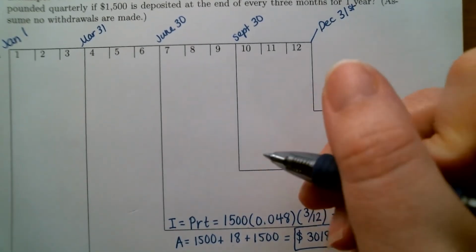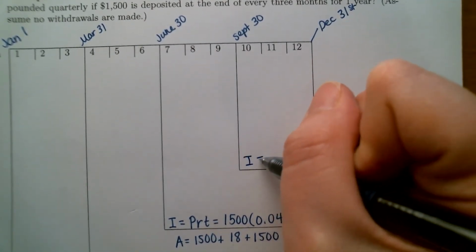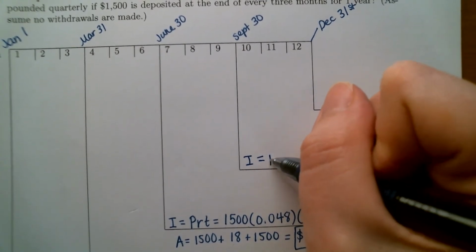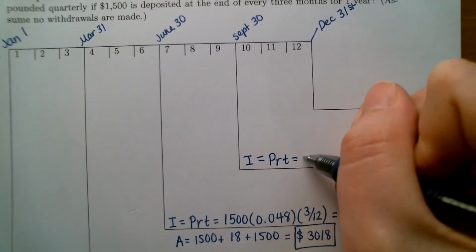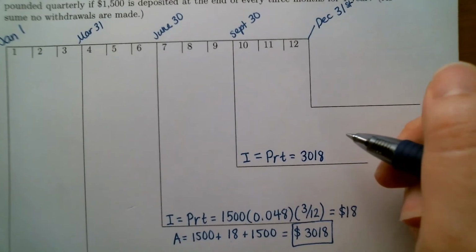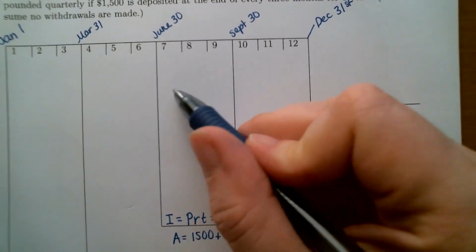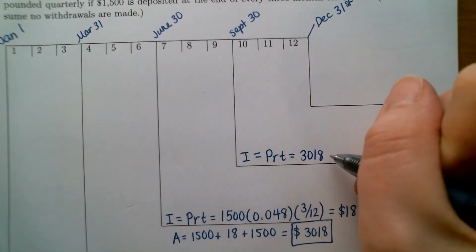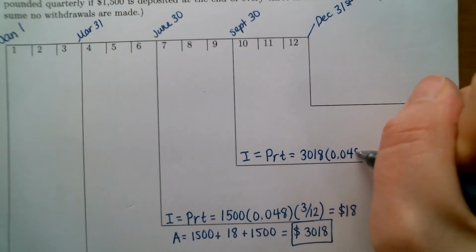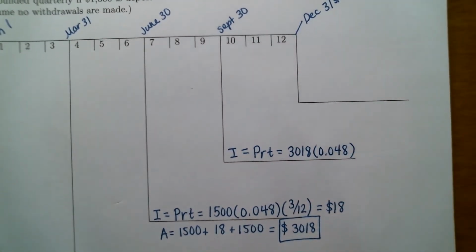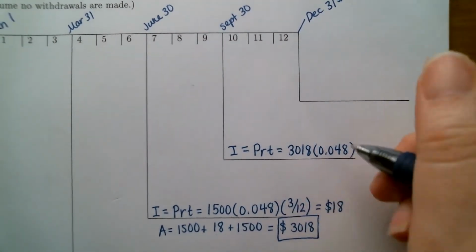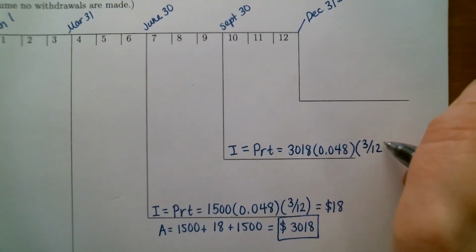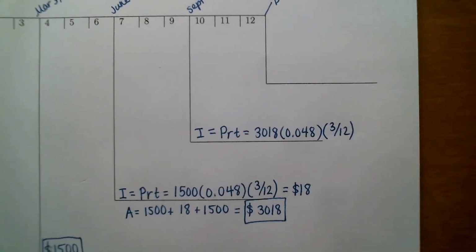So let's calculate our interest. Principal times the rate times the time. $3,018 has been sitting in the account over this third quarter. The rate is 0.048. It sat in there July, August, September, so 3 out of 12 months.